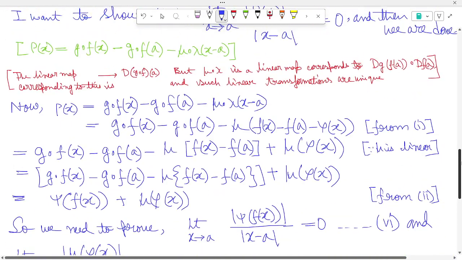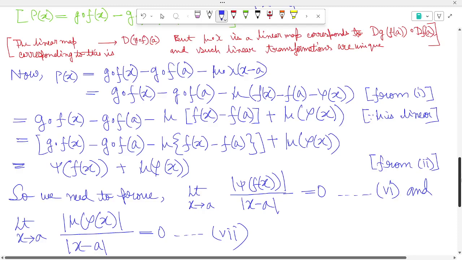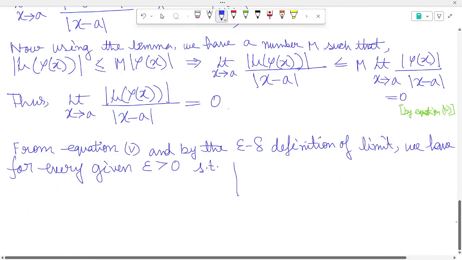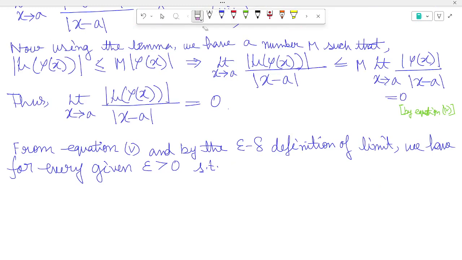Psi of f(x, y) is f(x), you can treat y as f(x). So let me write it just directly, okay?